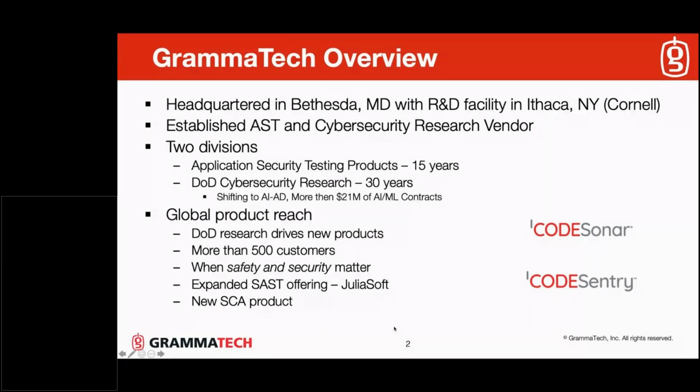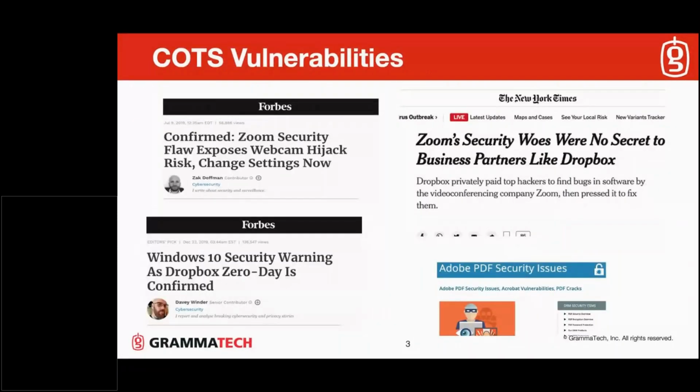So what's this all about? Well, I could probably update these slides every day. I could probably look in the last few minutes and update the slides. There's always publicity going on to say, hey, there's some sort of vulnerability that's been uncovered in some software.